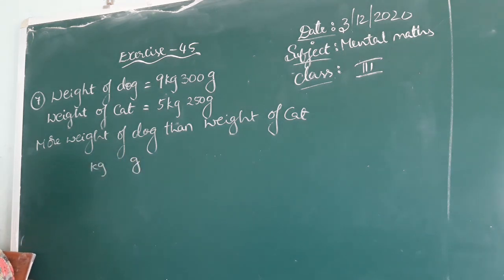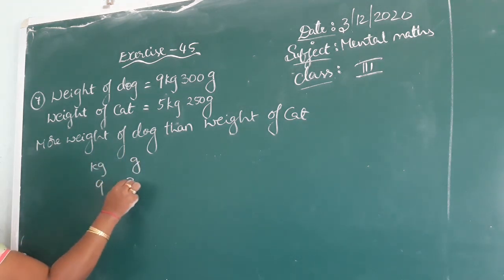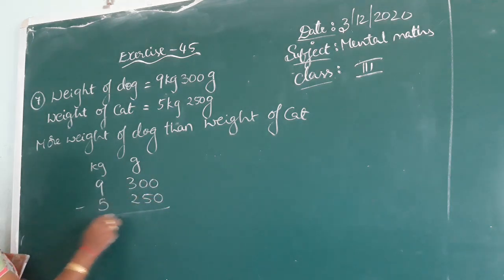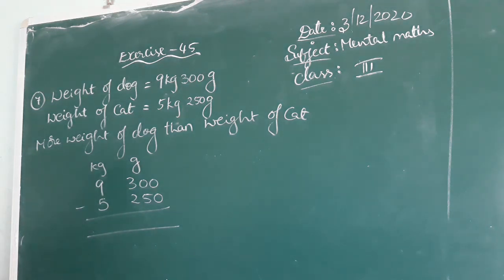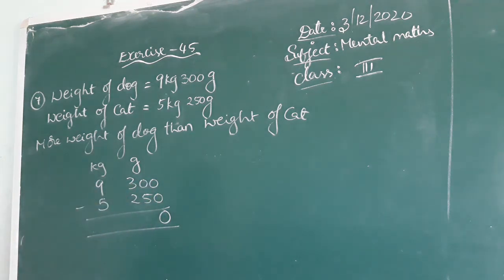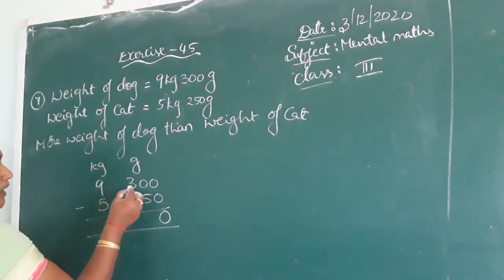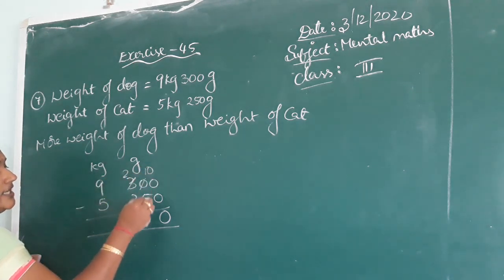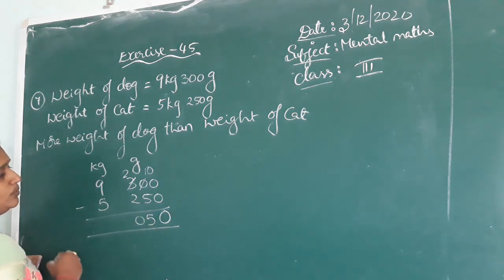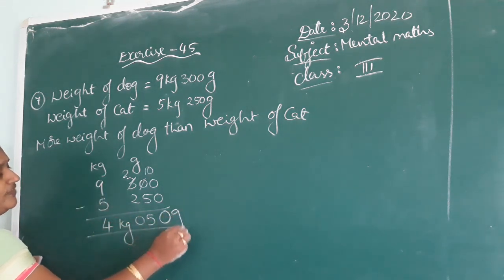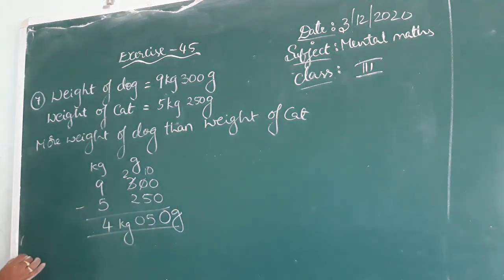Dog 9 kg 300 and cat 5 kg 250. Here they are asking us to subtract. 0 minus 0 is 0. Here 0 minus 5, is it possible? No. So borrow it. If you borrow, 3 becomes 2. Now it is 10. 10 minus 5 is 5. 2 minus 2 is 0. Here 9 minus 4 is 5. 4 kg 50 grams is the more weight of the dog than the cat.